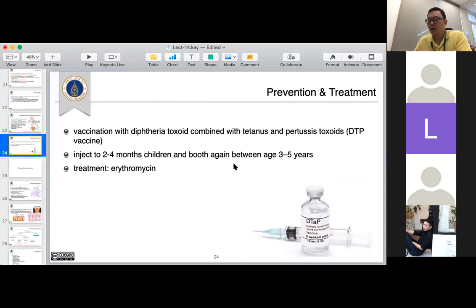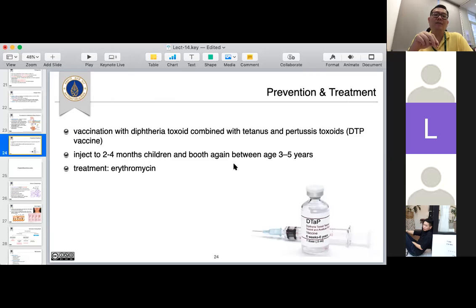Prevention. We have a vaccine because the bacteria itself does not harm you seriously, but the toxin is very important. We prepare a weak toxin that we call toxoid. Toxoid is a less potent toxin of diphtheria.